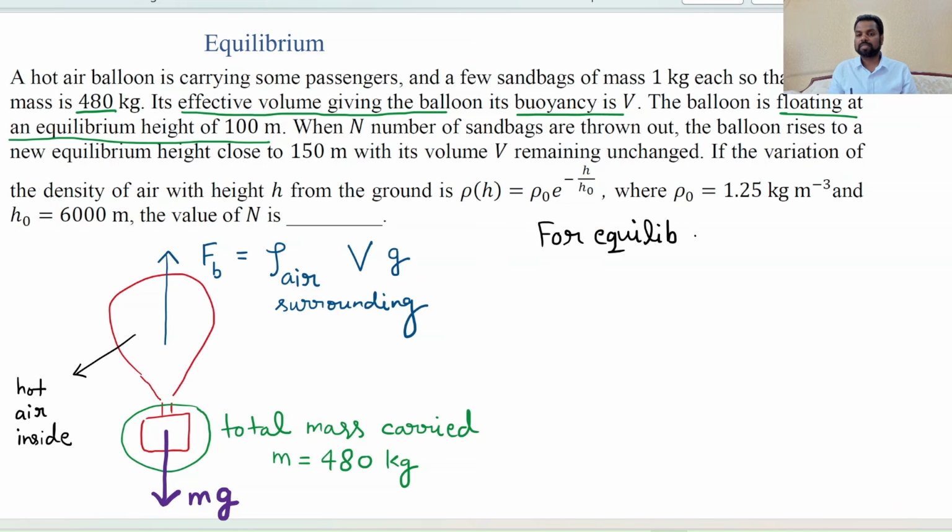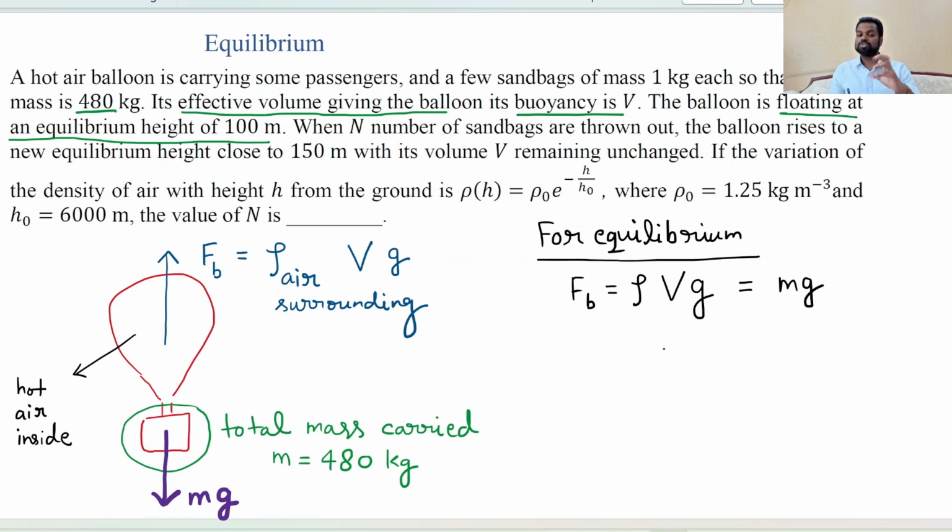For equilibrium, FB, the buoyancy force, that is rho of surrounding air times Vg, will be equal to mg. So total force will be 0.